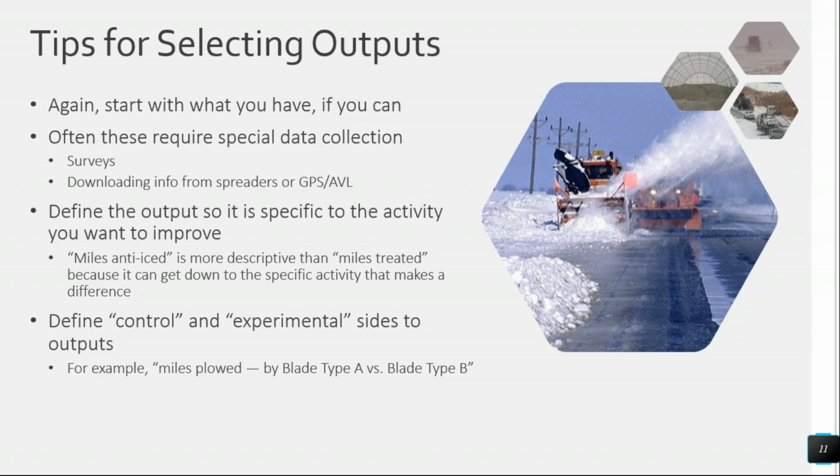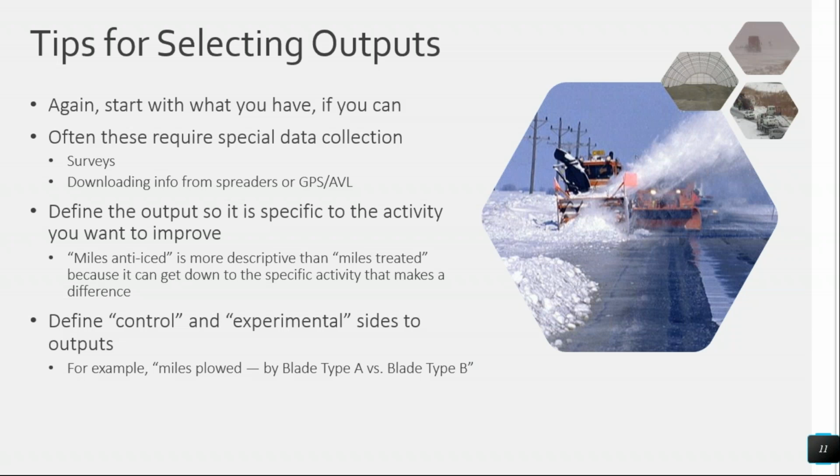So you can do surveys, you can maybe get some information off your GPS AVL, you can simply talk to different maintenance managers and get an idea for who does what. But because you have to dig in a little bit on that, these are slightly more challenging to collect than your inputs. And the outputs should also be specific to the activity that you want to improve.